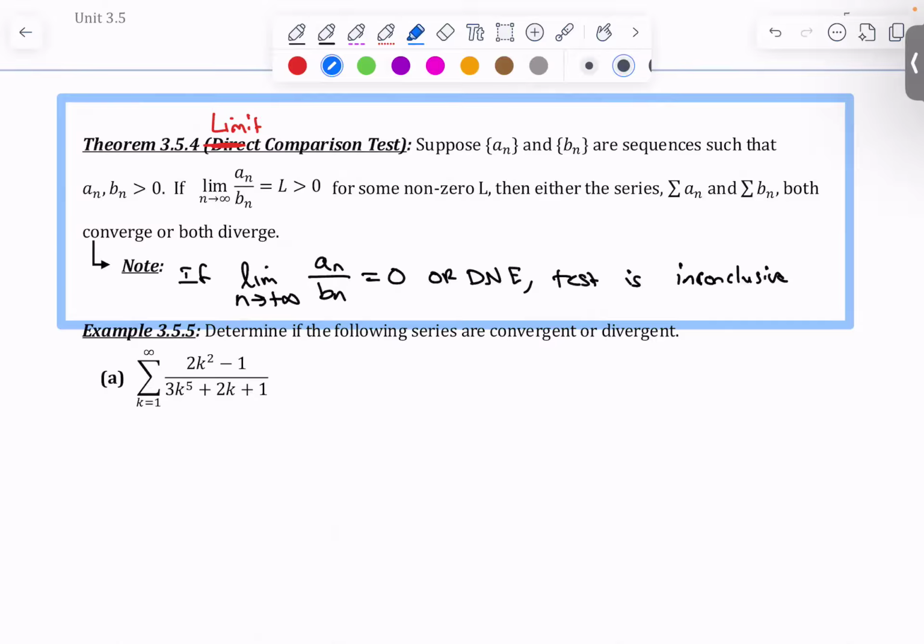So part A. The way we typically use it is, I would say 2k squared minus 1 over 3k to the fifth plus 2k plus 1 is similar to 2k squared over 3k to the fifth.